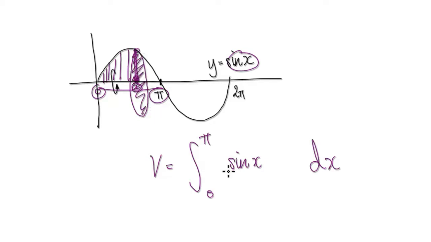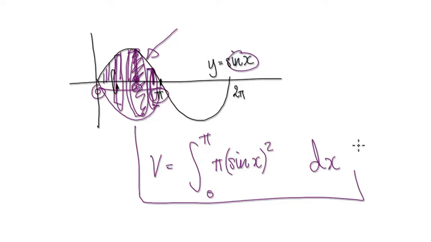Because this is our radius, you square it, and then you're really summing up all these disks. Eventually, if you sum up all these disks, it will give you the volume of this 3D solid. So the volume is given by you working out this integral.